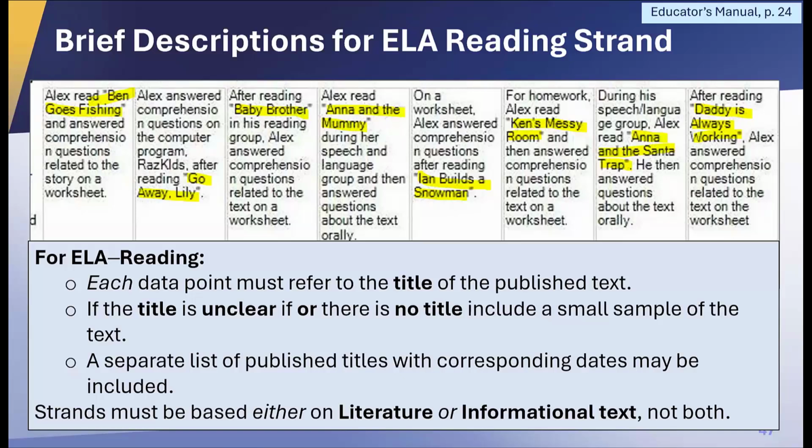In those cases, you can make a copy for us and give us a small sample, but you're going to base your strand on either literature or informational text, not both. So you can see here, I highlighted in each of those brief descriptions a title.